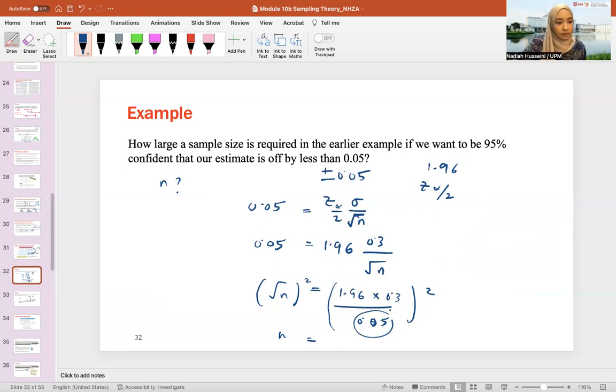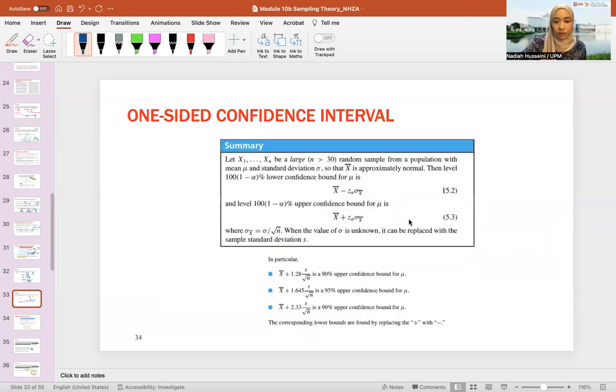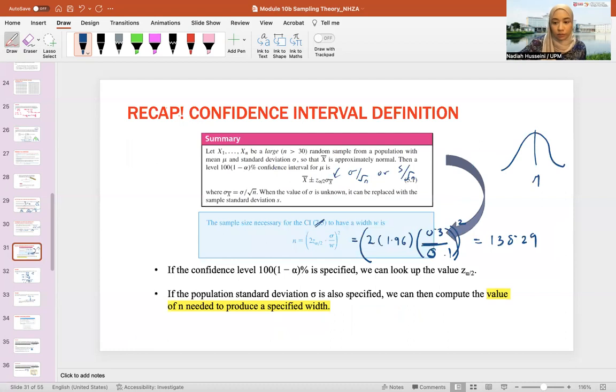When did I do this? So it's 1 point, sorry. The answer that we got here was 138.29, right? It specifies that it needs to be bigger than 138. So basically you have to round this off. I wouldn't say round off, round off is not the right word.